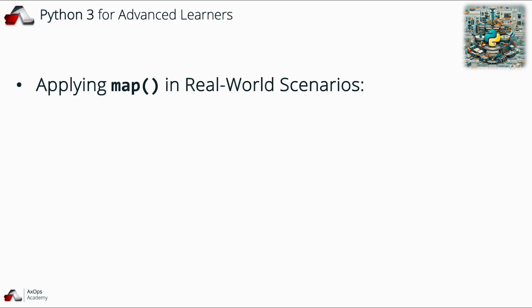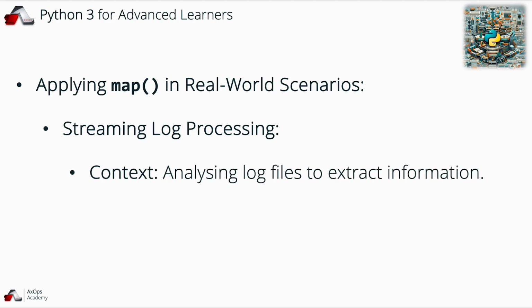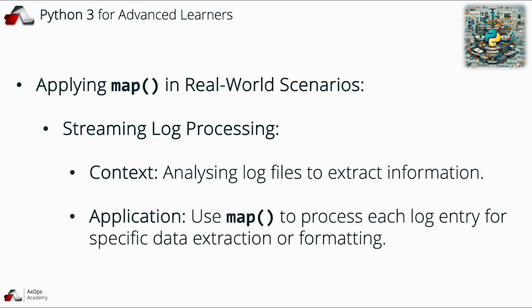Let's now talk about the applications of the map function in real-world scenarios. Considering streaming log processing, the context here could be analyzing log files to extract information, where the application of the map function would be to process each log entry for specific data extraction or formatting.